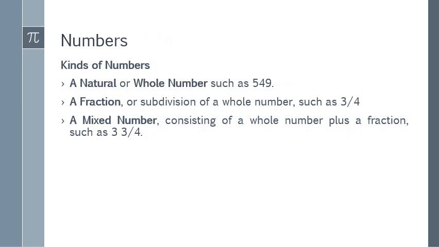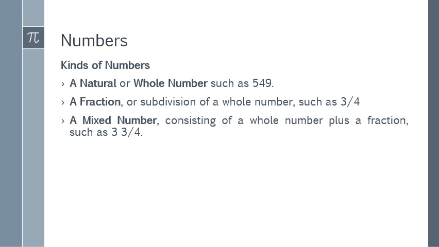Now, if you go into the details, numbers can be divided into three kinds. A natural number or whole number is a complete number, for example 549.